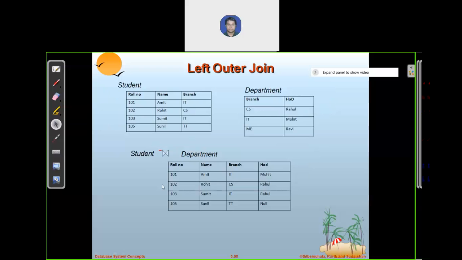So now see, every record present in the left-hand relation, we will write to our resultant relation and match the record with the right-hand side. If it matches, then write; otherwise set the corresponding value as null. Okay, this is your left outer join.